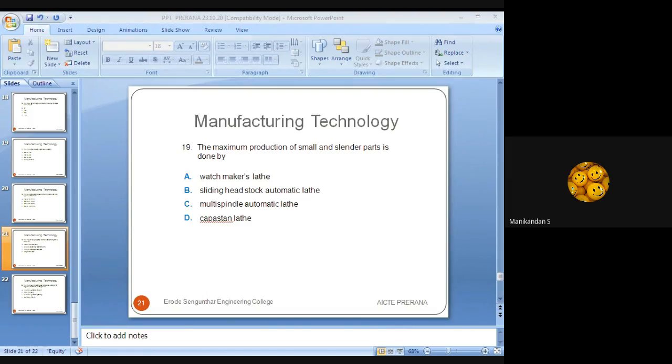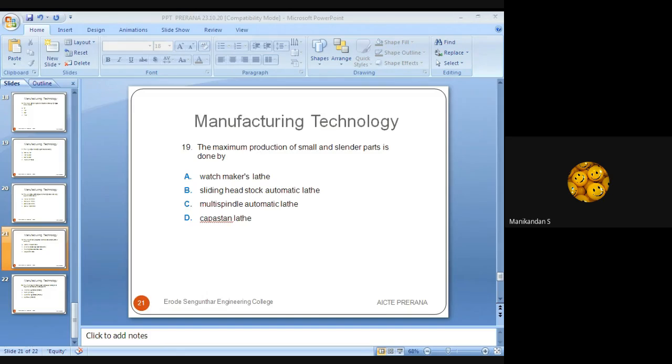Actually, a multi-spindle automatic lathe can give maximum production of small and slender parts. Why? Because slender parts need different types of operations, so they need a multi-spindle automatic lathe.